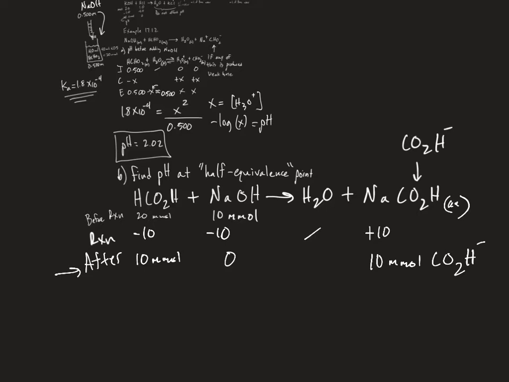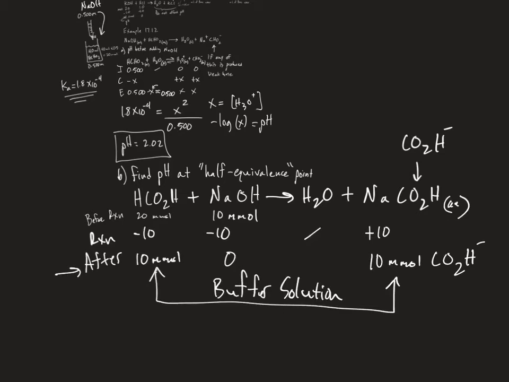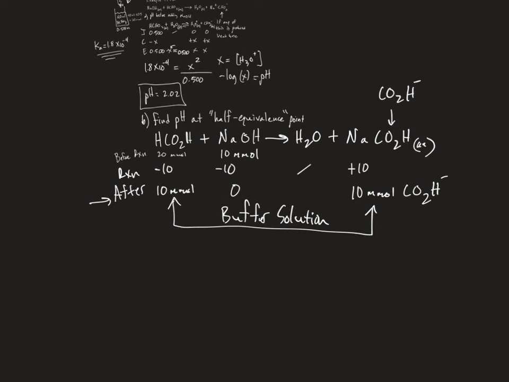So how do we find the pH? We have to consider what we have left over. What's important is to identify that we have a buffer solution. The NaOH is going to consume some of our weak acid, but we also produce some of this weak base, the conjugate base of formic acid. So remember, how do we find the pH of a buffer solution? All we have to remember is the Henderson-Hasselbalch equation.